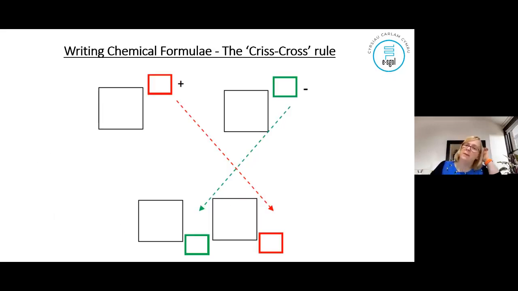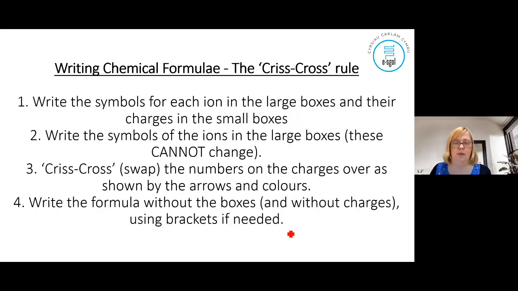So, writing chemical formulae then, the criss-cross rule. And I have to somewhat apologize because I have a stylus that suddenly doesn't want to work, so I'll go to this pen, hopefully it'll work. If you apply the criss-cross rule, the boxes look complex, but I will explain everything as we go along. There are 4 key things that I'd like you to do as we proceed through the rules.